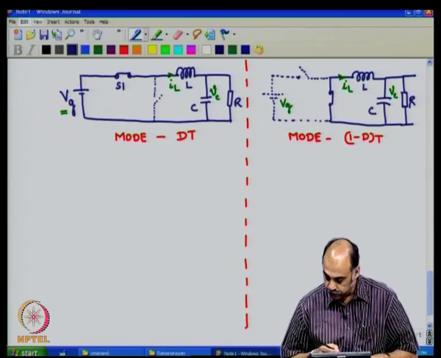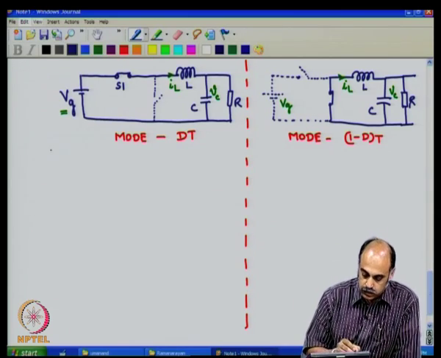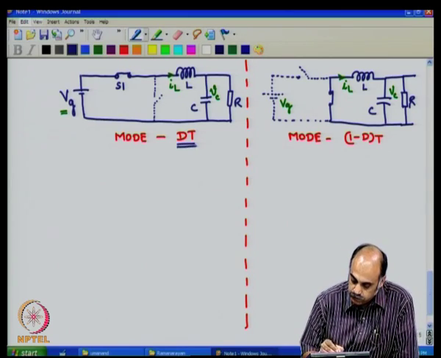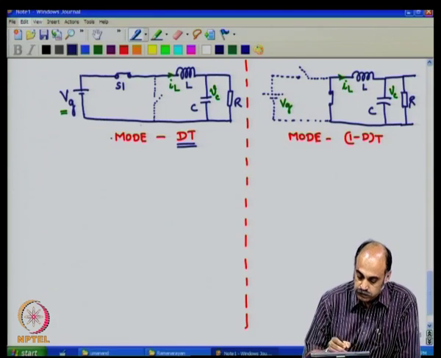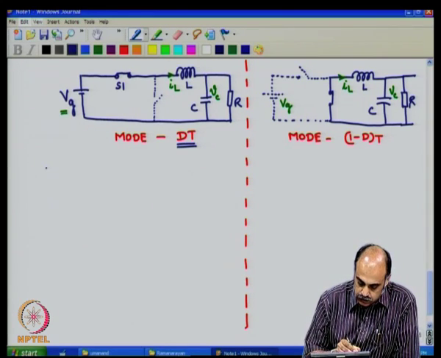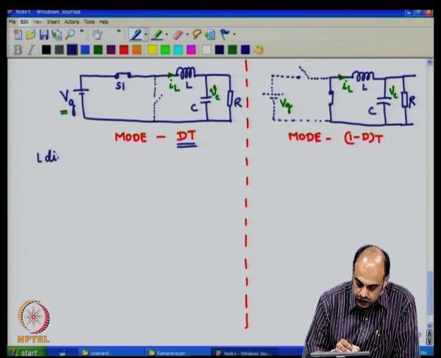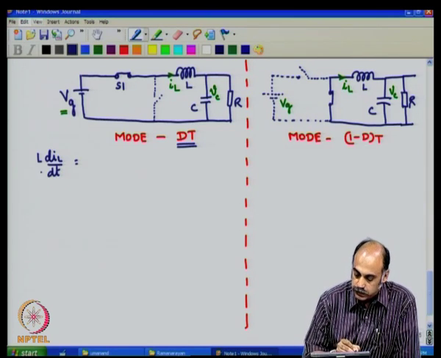So, mode by mode, first the mode during dt, let us write down the equations. Two equations, which are L dIL by dt, which is equal to the voltage across the inductor.